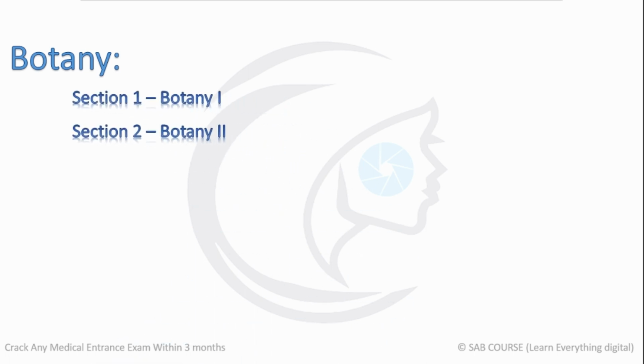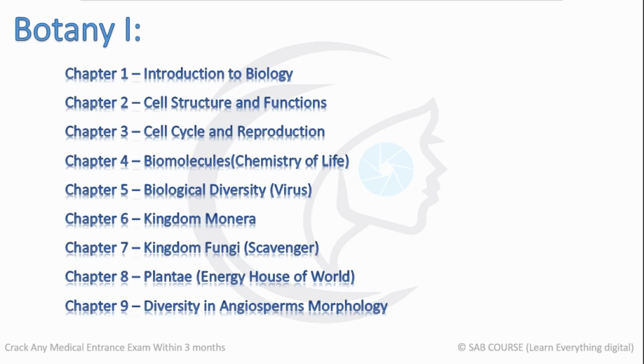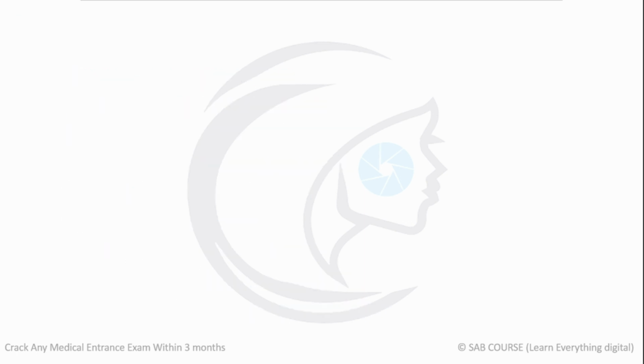Under the botany 1 section, there are altogether 9 chapters, which are introduction to biology, cell structure and function, cell cycle and reproduction, biomolecules, the chemistry of life, biological diversity, virus and kingdom Monera, kingdom Fungi, that are scavengers, plant as energy house of growth, and diversity in angiosperm morphology.